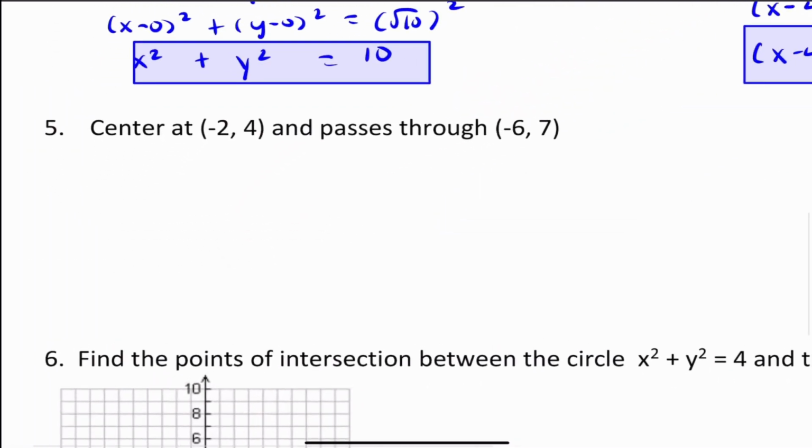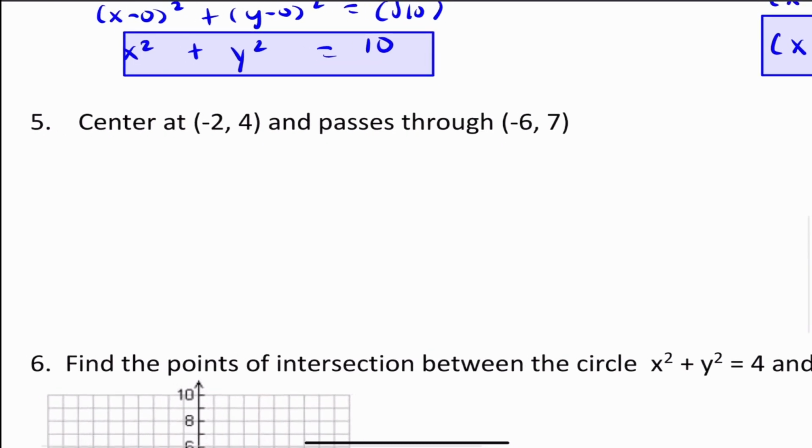All right, number 5, the center at (-2, 4) and passes through the point (-6, 7). Okay, so let me go ahead and write this formula out, the equation of the circle. (x - h) quantity squared plus (y - k) quantity squared is equal to r squared.